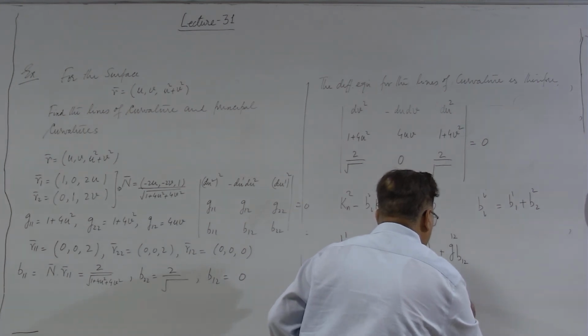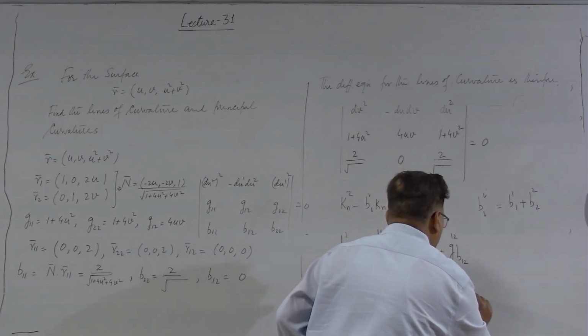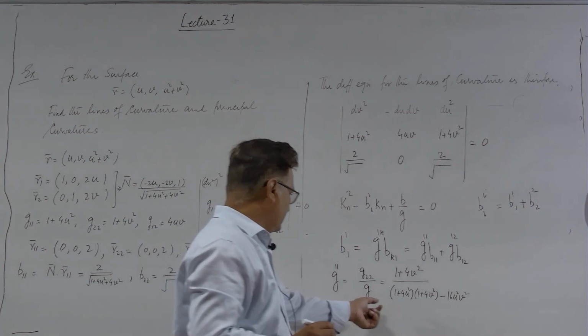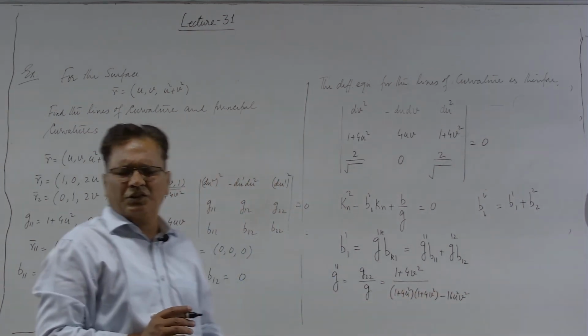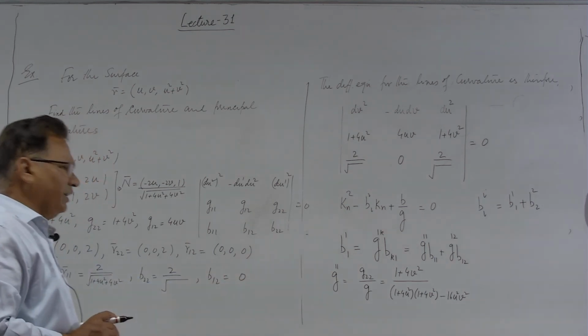So, 16 u square v square. This is the value of G upper 11. You can simplify, but this simplification I will not be doing here.